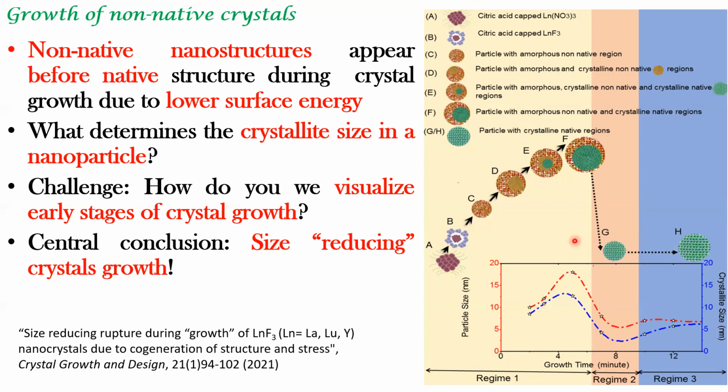native structure. What we saw experimentally was that as the crystal structure is getting transformed from the most non-native structure to the native structure, during this transformation there's a size reduction. Okay, so this seems to be sort of paradoxical, right? As the crystal growth occurs, there's a size reduction. This is what we observed. We are very excited about this result.